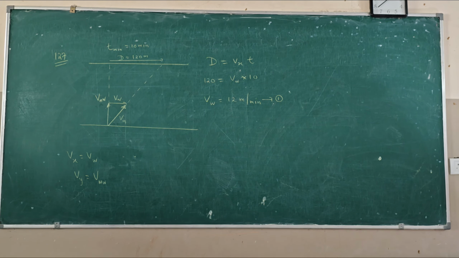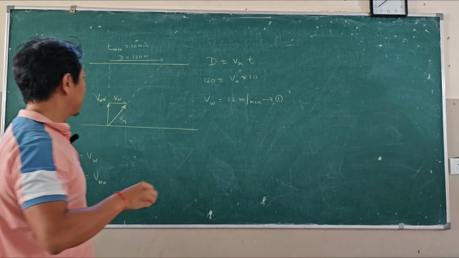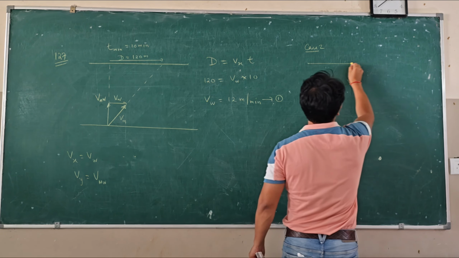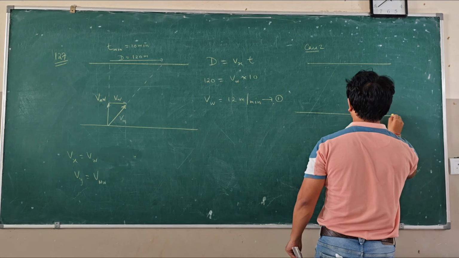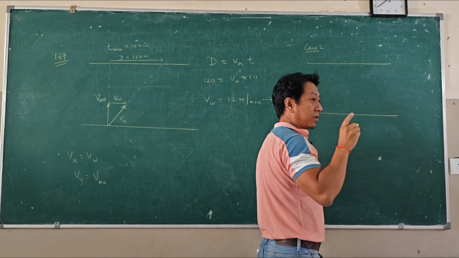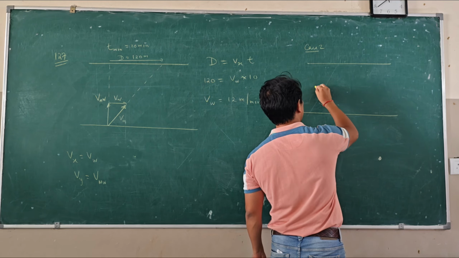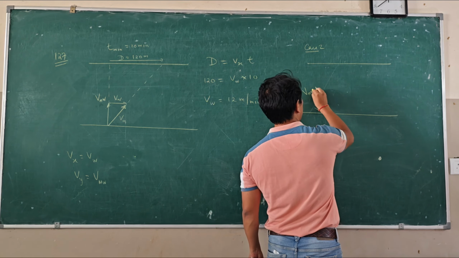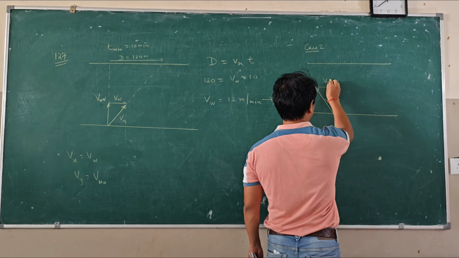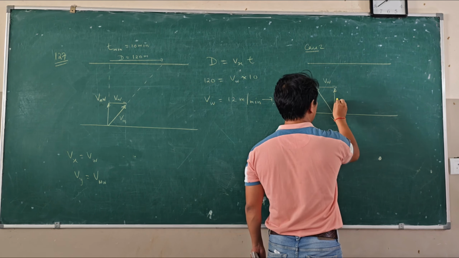If he crosses the river taking the shortest time, in case 2, he crosses the river in what time now? Shortest route means he has to swim at this angle. This will be Vw. This will be the man's velocity.